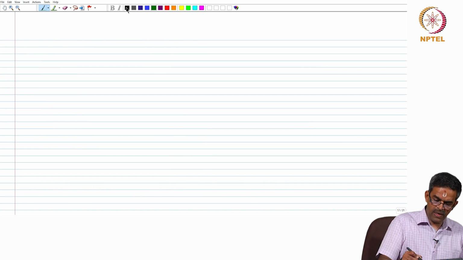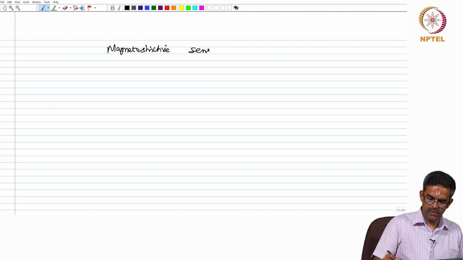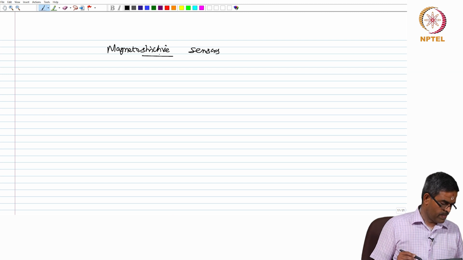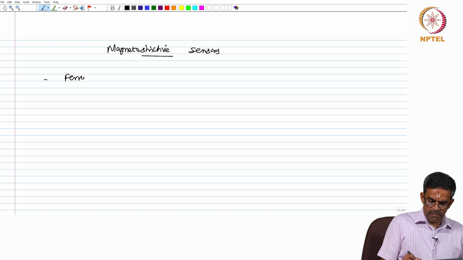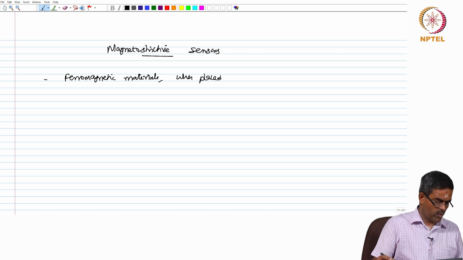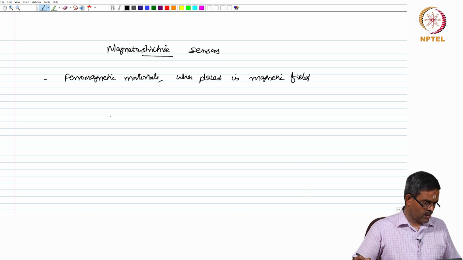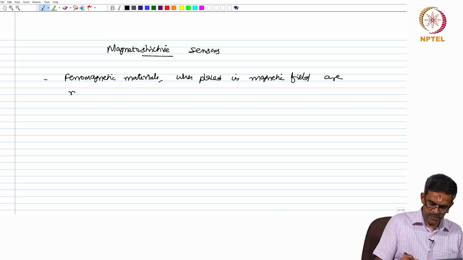The next kind of sensor we have is magnetostrictive sensors. Ferromagnetic materials when placed in a magnetic field are mechanically deformed.